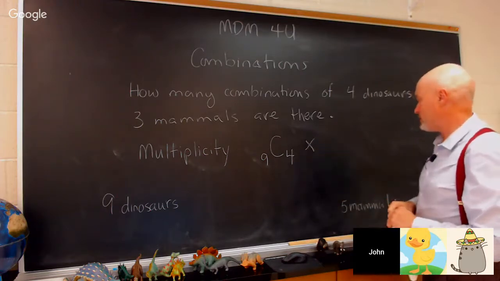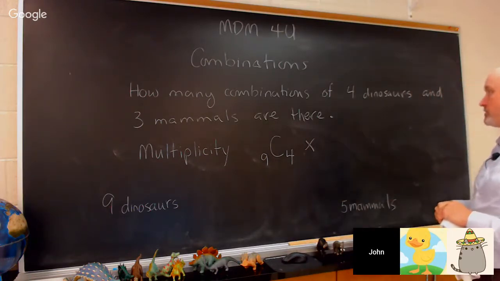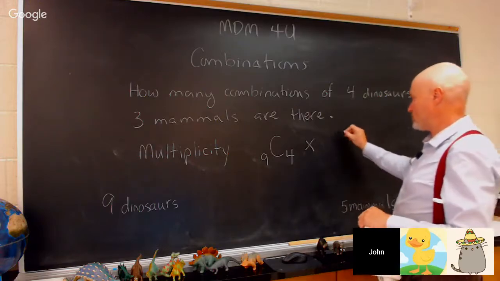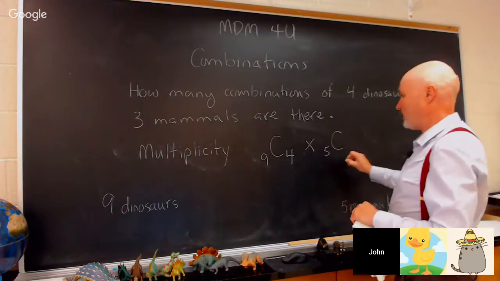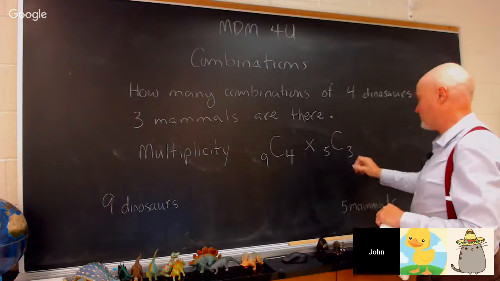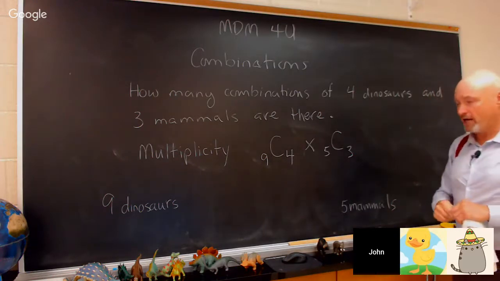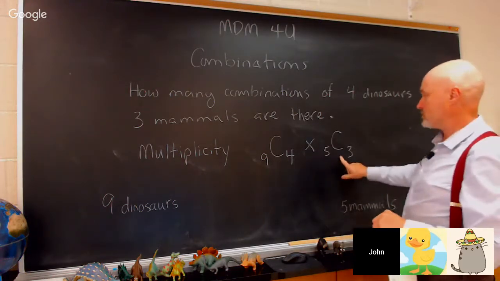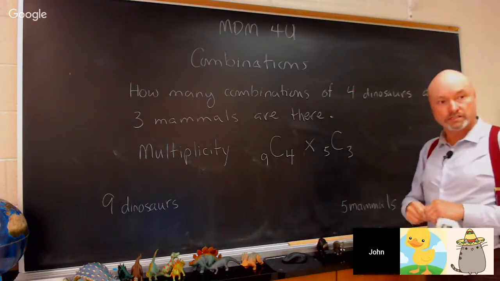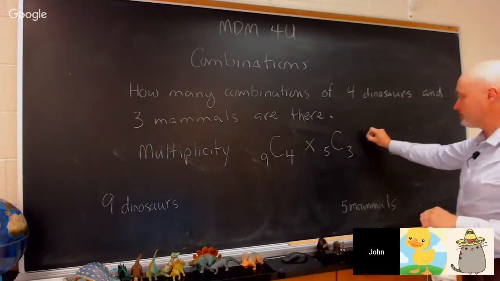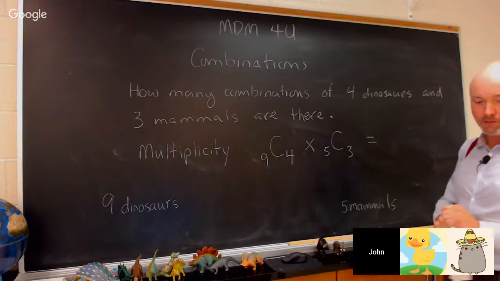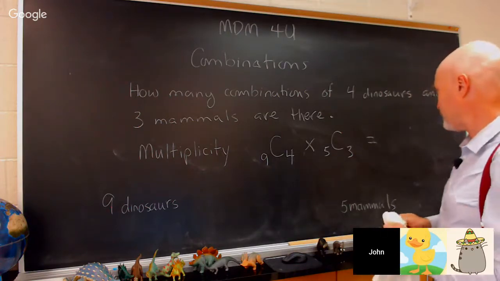And that can be combined with that second stage where I choose 3 mammals from a group of 5. And so I'm using just combinations because order doesn't matter. Once I get them on my ark, they're going to run all around and act crazy.